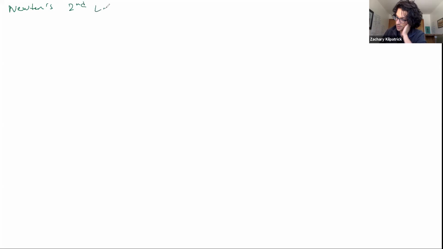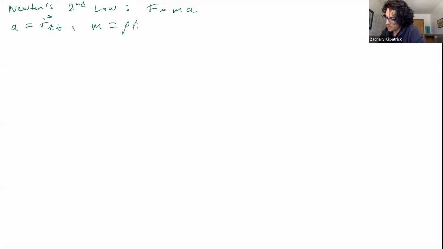A few more preliminaries then: if we take Newton's second law, force equals mass times acceleration. Here, what's our acceleration? That's going to be how fast the string moves. Our mass is going to be rho A delta x. What's the force then that's acting on the string to produce this acceleration of the mass?